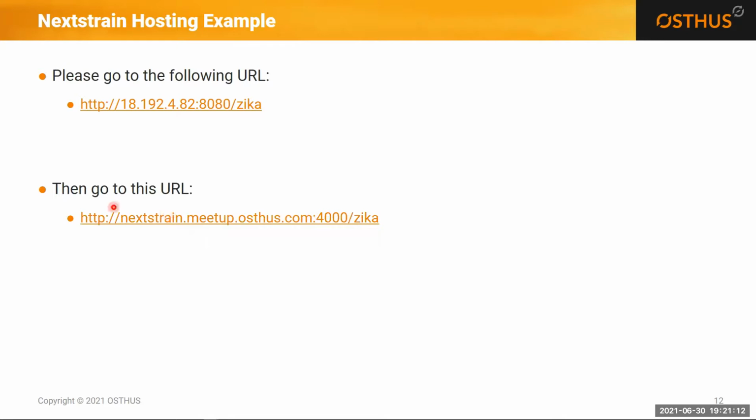Usually if you go to this link right here, you should see the same output as if you go to this IP address under this port and this path. However, this is currently not working because I just tried it before this presentation, and it somehow broke down. But in general, the point here is that using the cloud, you do not have to use the server's IP address. You can also make it prettier and more user-friendly by using a domain name and linking it to it.